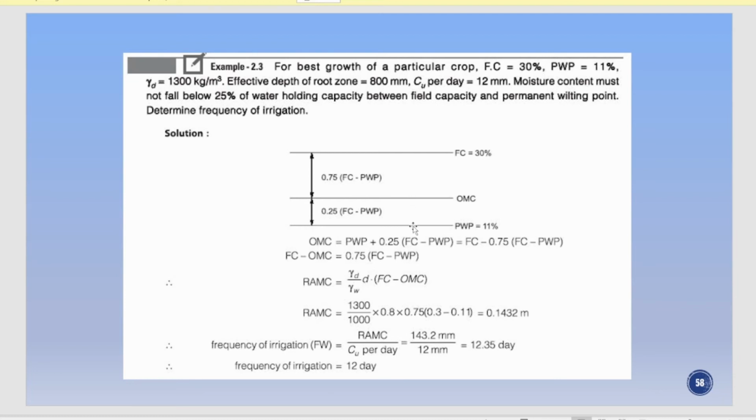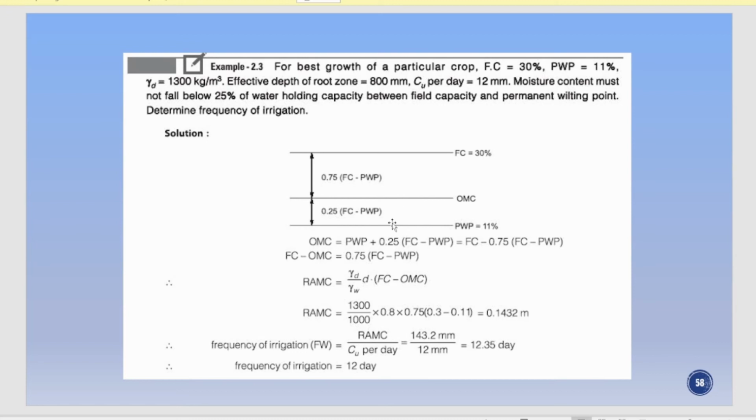If I consider the depth from here to here as 100%, I would like to understand how much the optimum moisture content is. From here to here it is 0.25 times FC minus PWP, and from here to here it is 0.75 times FC minus PWP. That is what has been given here, right?